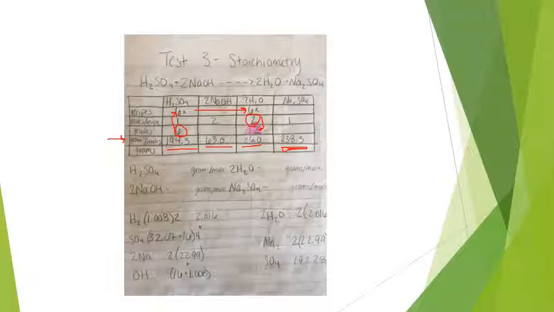So in the first case, what you did was you said you have 2 hydrogens, each hydrogen weighing 1, okay? So both those hydrogens weigh 2 all together. And then you said SO4, you said sulfur's 32, oxygen 16, and you said times 4.